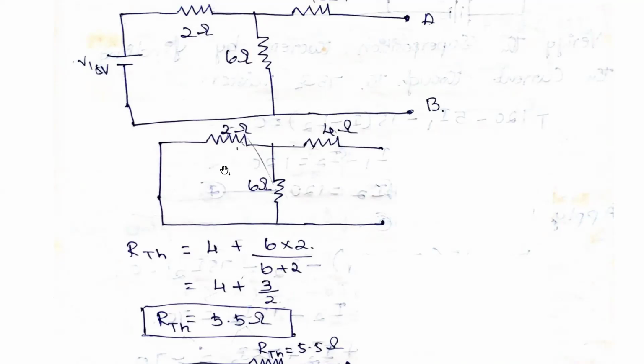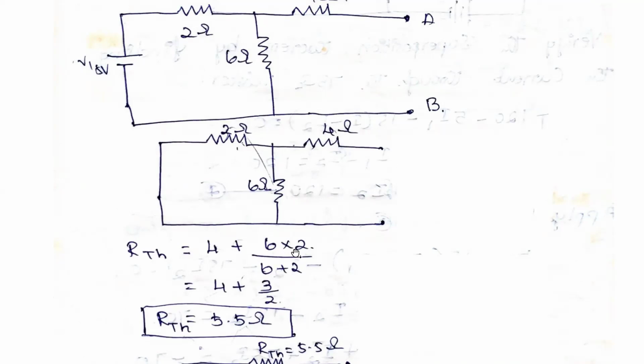Either way you can solve. Say 2 ohm and 6 ohm are in parallel, and again with that resistance, the other is in series.